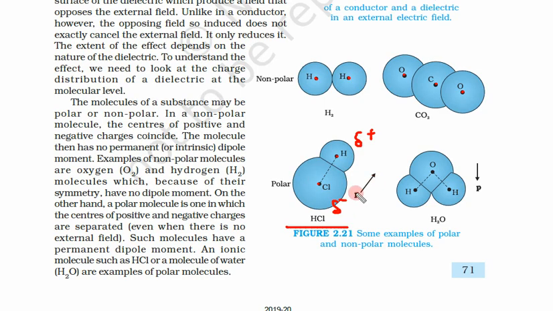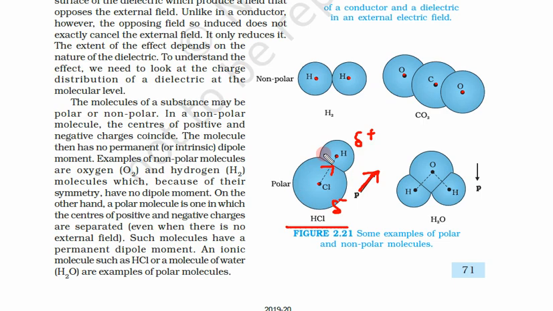So the direction of polarization is from negative to positive, as you know. See this direction. Now it is clear. Cl is slightly negative, hydrogen is slightly positive, and this is also very similar to hydrogen bonding.